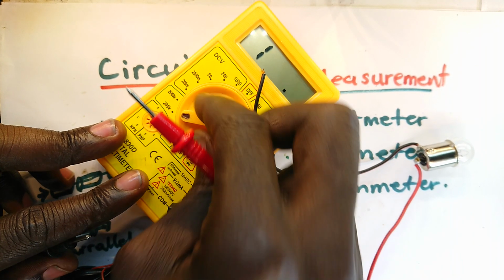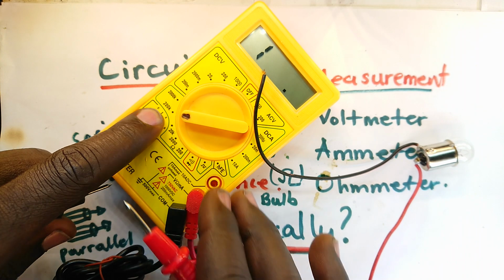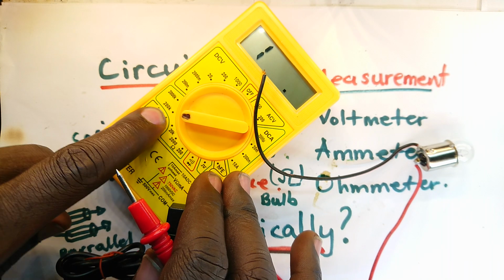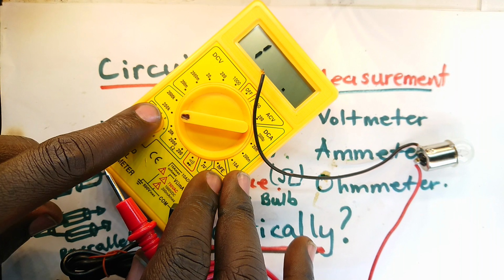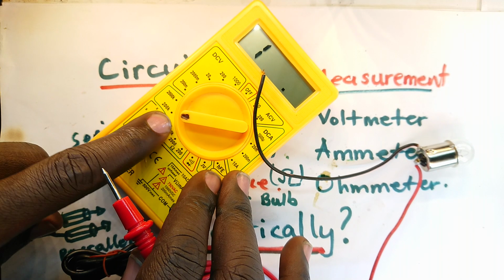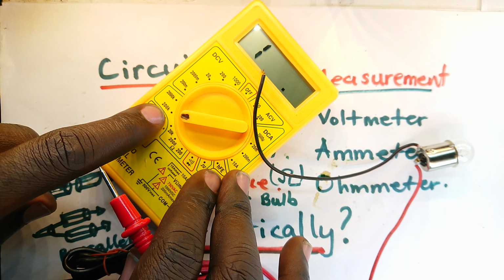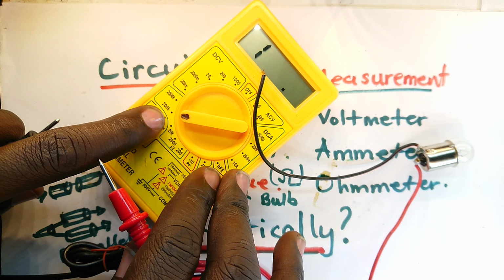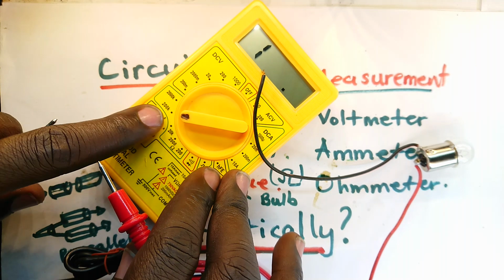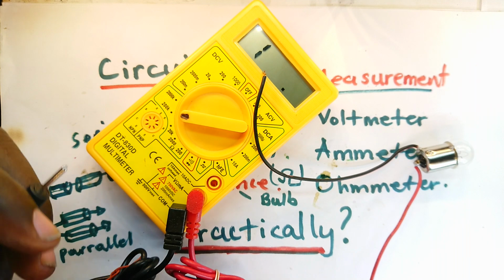Let me say I expect it to be roughly 200 kilo ohms. That K means kilo, meaning multiplied by 1000. So 200 times 1000, you add 3 zeros, so that's 200,000 ohms.